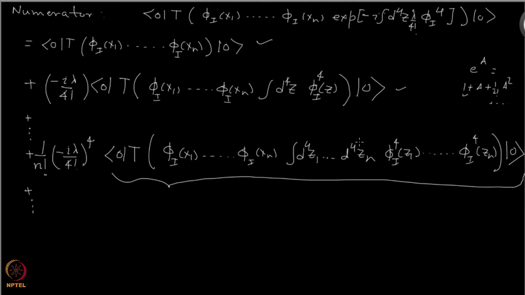Okay, so let's try to calculate this. What we will do is we'll look at the general object, this. Here some of the xi's could be internal points, they could be z. But this is a more general thing.